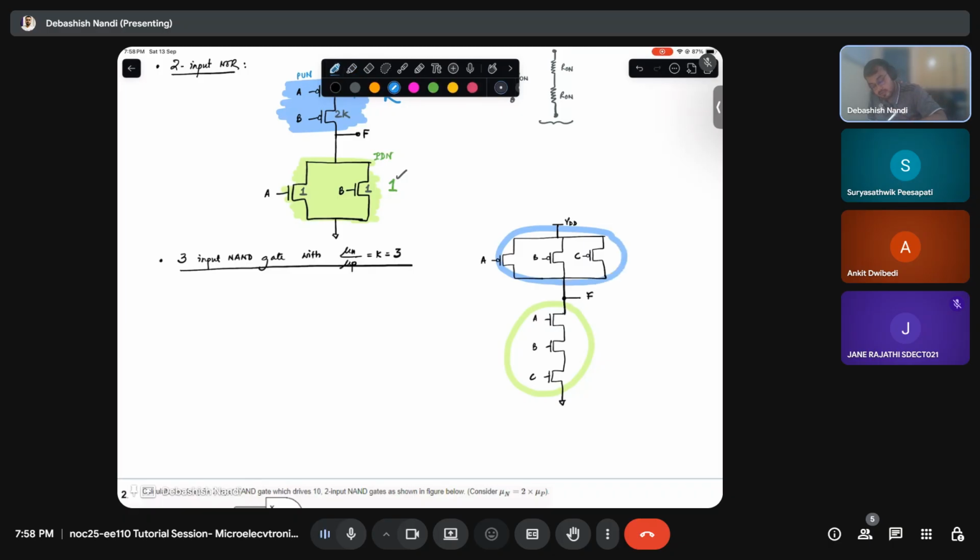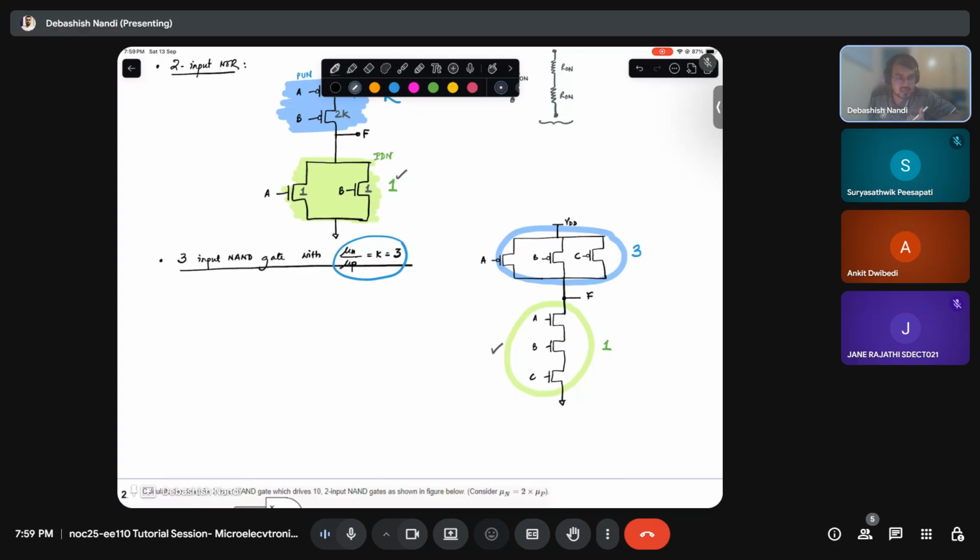It is always 1. So what is the size of the PUN? 3. And why is this 3 coming from? It is coming from this, PUN by PDN. So what should be the individual transistor size for this case?